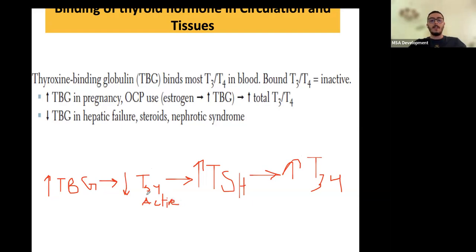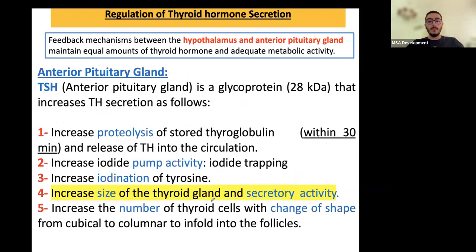The pituitary will sense that there is no active T3, T4, because anything bound to TBG is inactive, and the pituitary gland senses the active forms of the thyroid hormone, hence through the negative feedback loop it will increase T3, T4 secretion from the thyroid gland. And in cases of decreased TBG, such as in liver failure or steroids or nephrotic syndrome, literally the opposite happens.